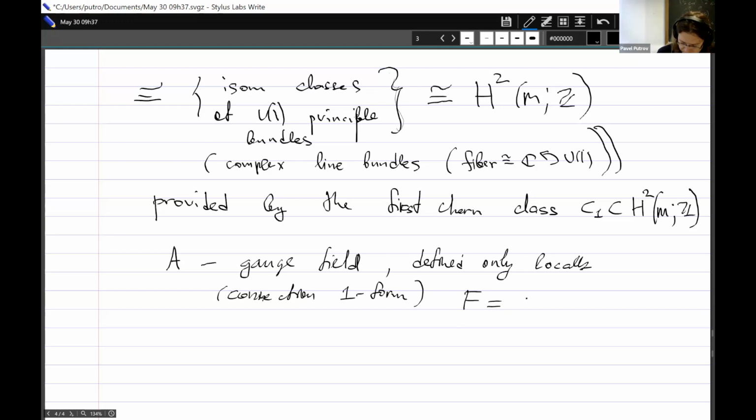And we have its field strength, or curvature, which is defined globally. And it's gauge invariant, unlike A.